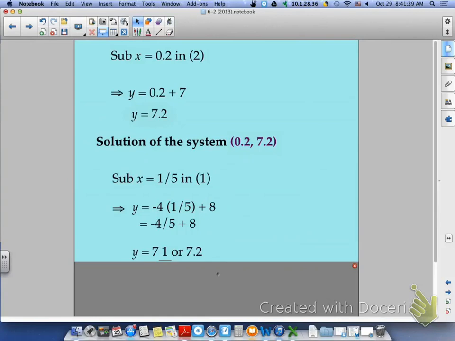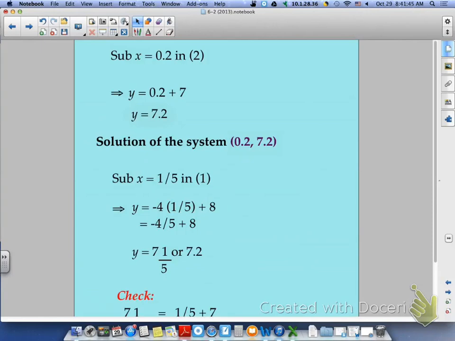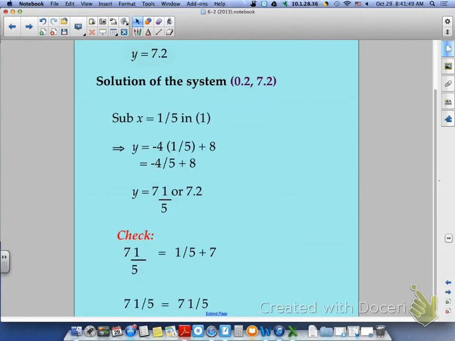You notice that? And I have 7 1/5, or 7.2. I can also check, maybe I should check, plug this back in the original equation and make sure that the left side equals the right side.